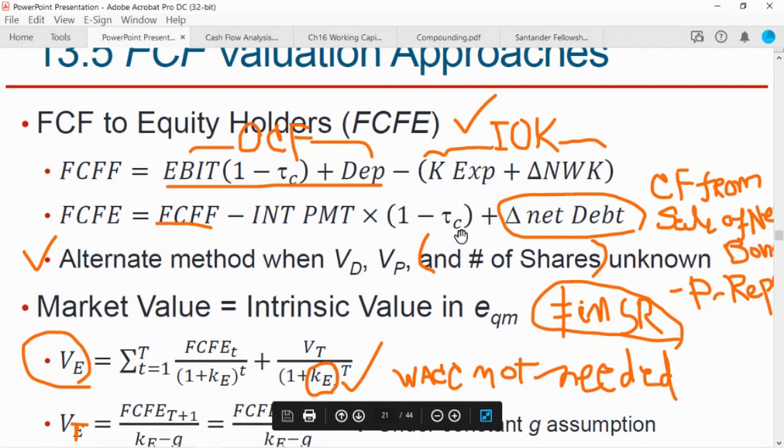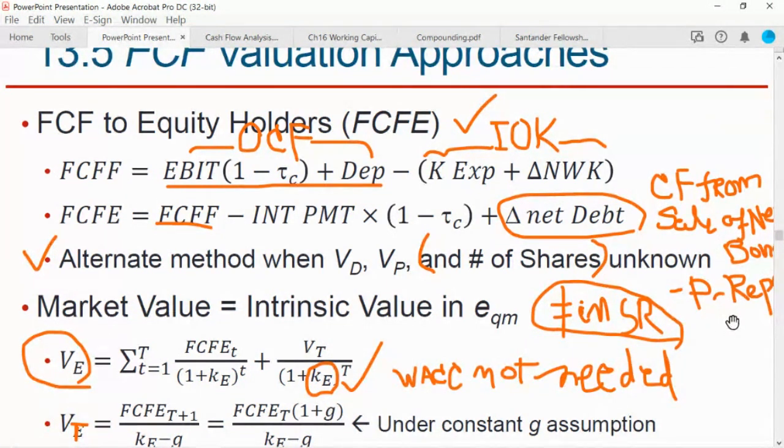So only interest payment times 1 minus tax rate will go to the lenders or creditors or debt holders, and the change in net debt, if it's cash flow from sale of new bonds, right? Think about it.